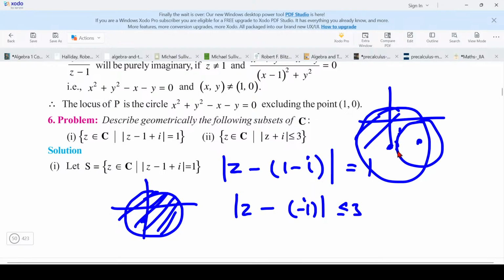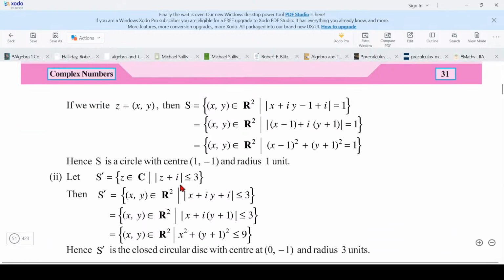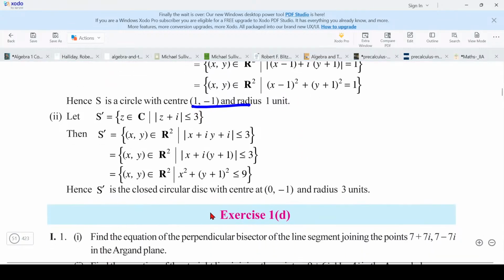Earlier, it is the set of all of these points only. This time, it is the set of all of these inside points also. Understood? Yes, sir. Agree? Agreed. Okay, this is a circle with center this one, and this is a closed circular disk with center this one and radius this one. Understood now? Understood, sir. This part is clear?